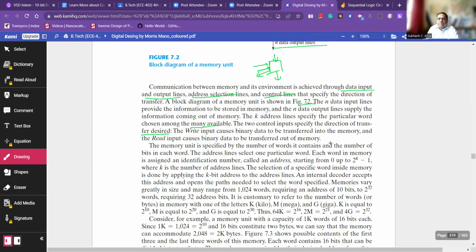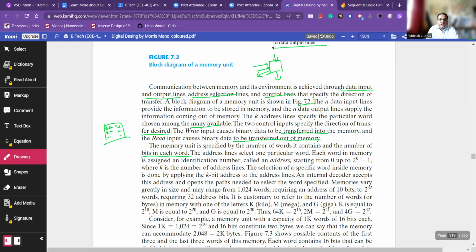The write input causes binary data to be transferred into the memory, and the read input causes binary data to be transferred out of memory. The memory unit is specified by the number of words it contains and the number of bits in each word. It is like a class with benches: these benches are the memory locations, and on each bench is a number of students sitting.